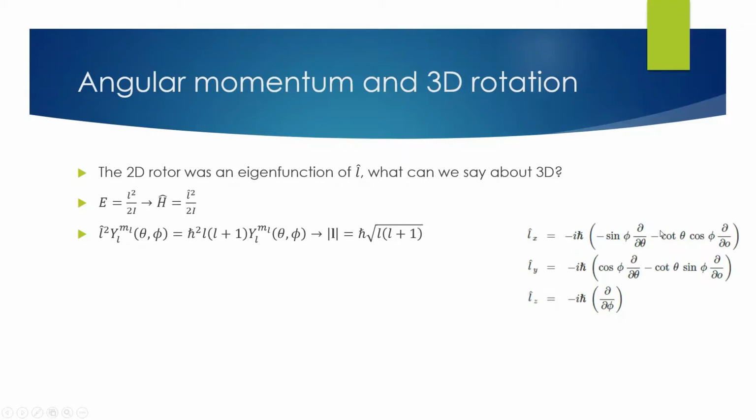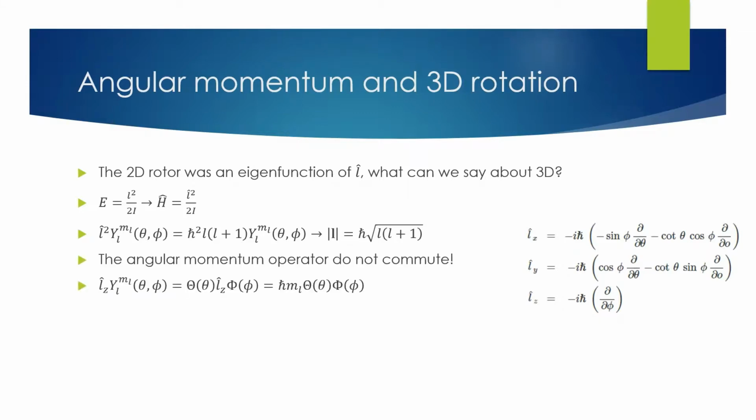So what does this mean? It means that if we wanted to, we could know the total energy of our rotating particle, and we could know the magnitude of the orbital angular momentum that comes from L squared, and we could know the Z component. So we can know one of those components. However, we cannot know all of them. So we can know these three things all simultaneously.